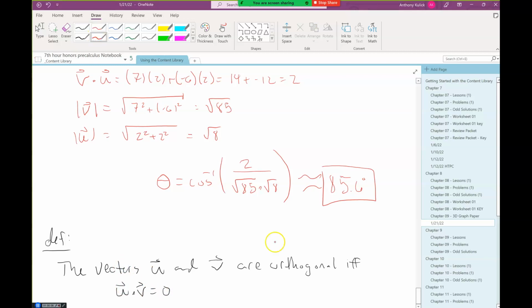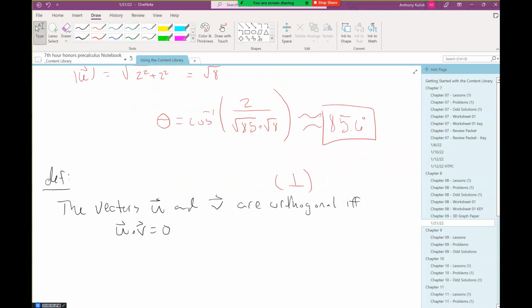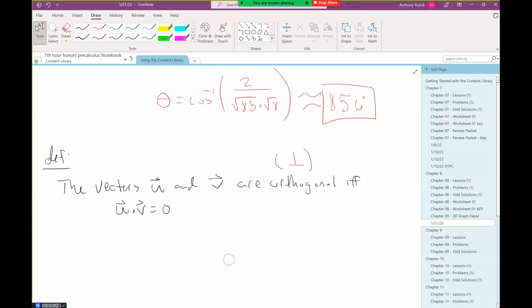When we say orthogonal, what we're really talking about is that the angle between them is 90 degrees. So essentially they're perpendicular. But perpendicular is a definition for lines and segments and stuff, and not vectors. So it gets its own special word, but still basically the same thing.